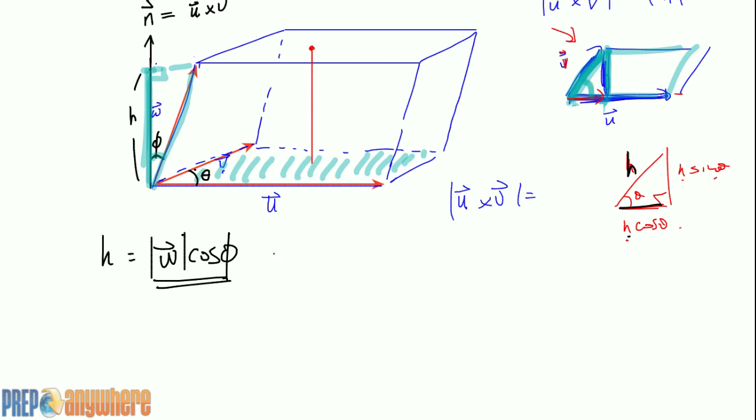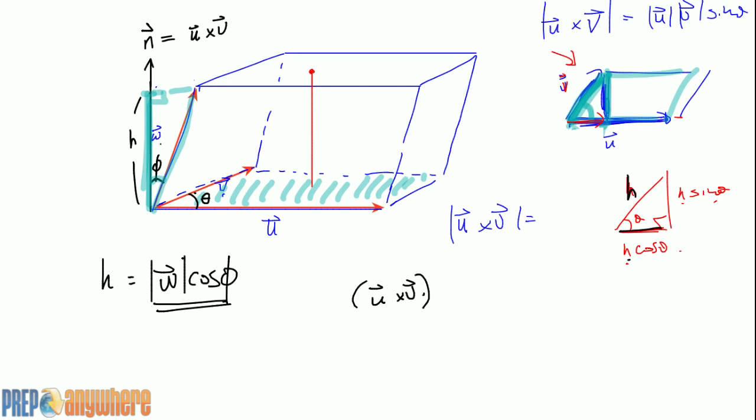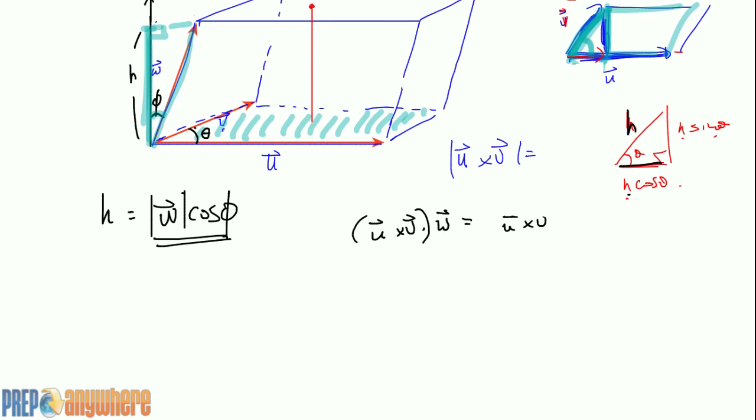Now this, right? So let me just do this. u cross v dot product with w gives you the following: u cross v magnitude, w magnitude, cosine of theta. Now that part, so not theta, phi, this part is right there.